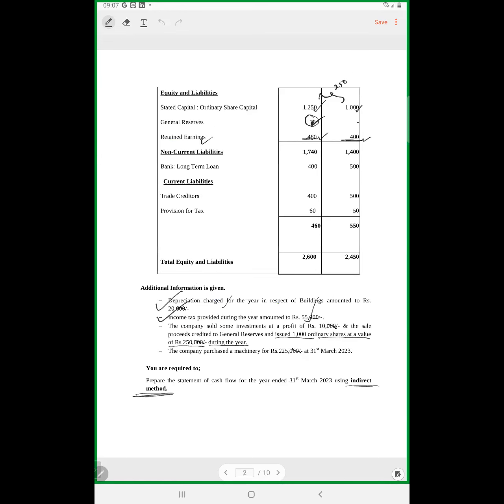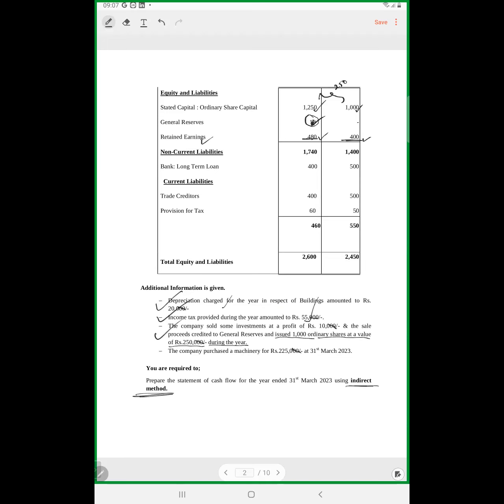Right? Yes, third one is also okay. Then the fourth one. So you can see here, the company purchased machinery for rupees 225. So why is the company giving this kind of amount?